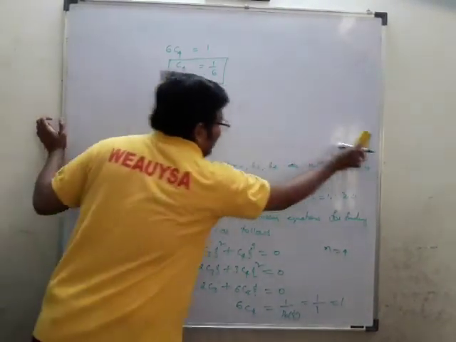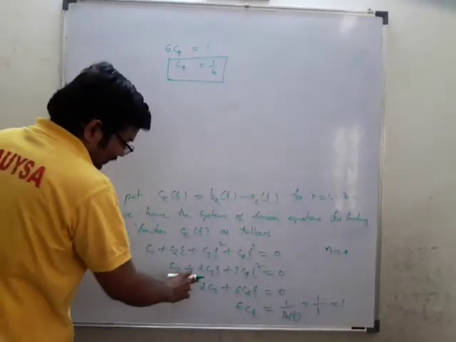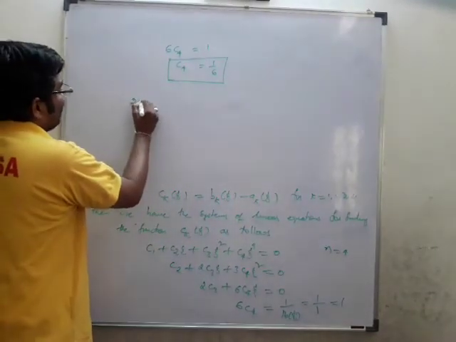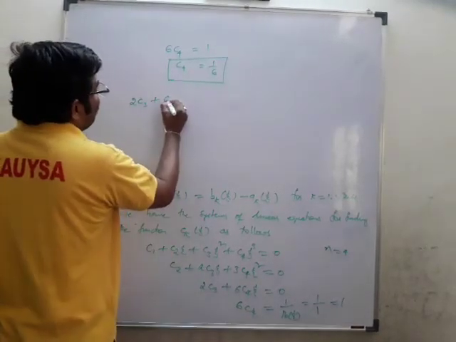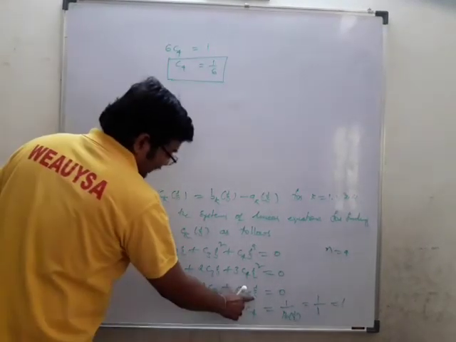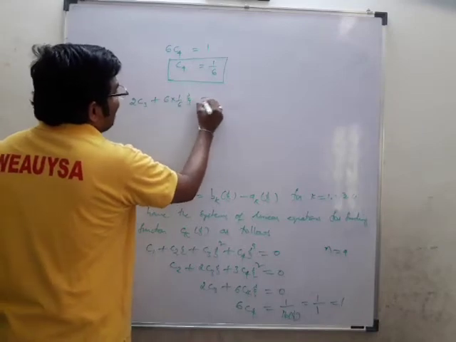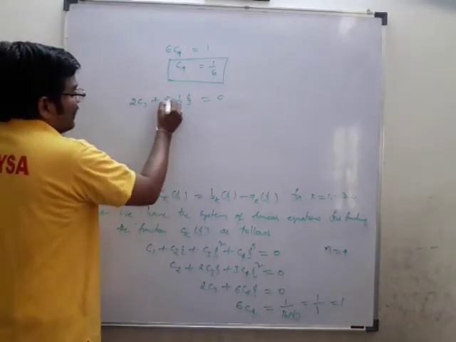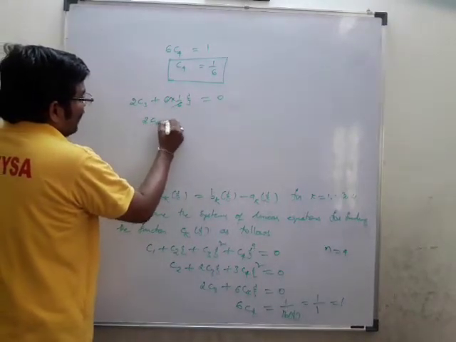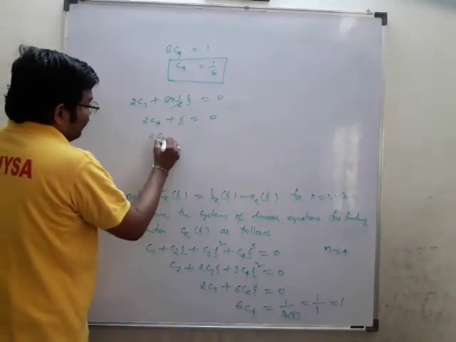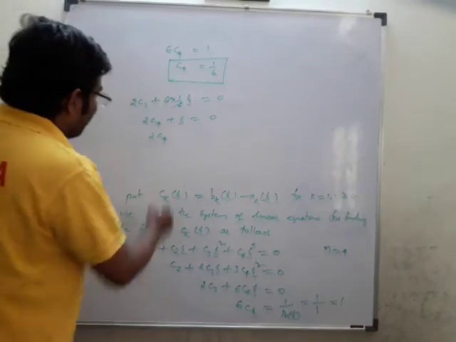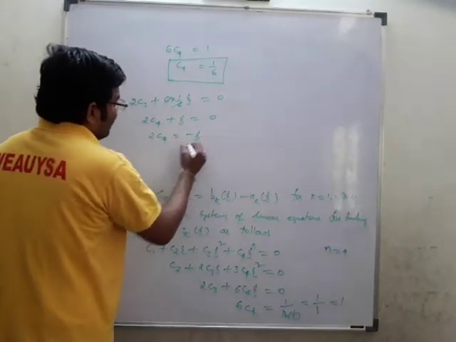So that will be 2c3 plus 6c4, 6 into 1 by 6, that is nothing but xi, equal to 0. So 6 gets cancelled: 2c3 plus xi is equal to 0. So 2c3 is equal to minus xi.